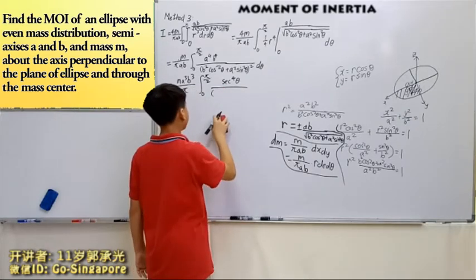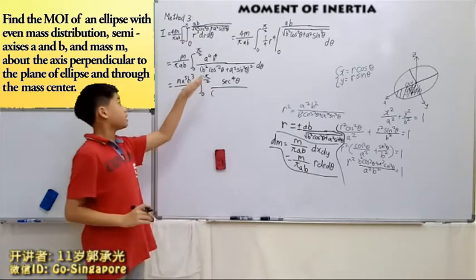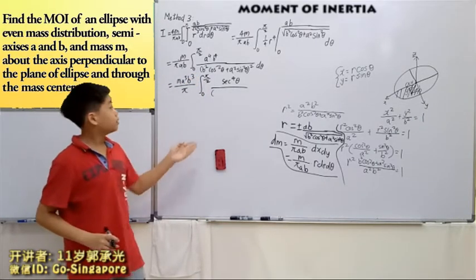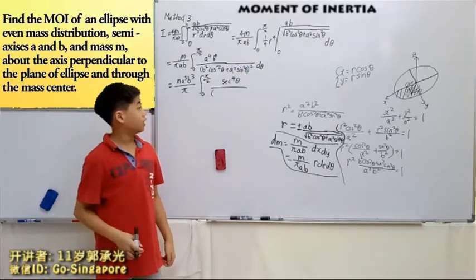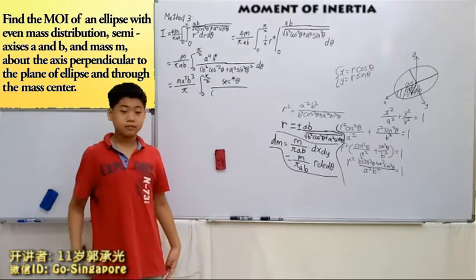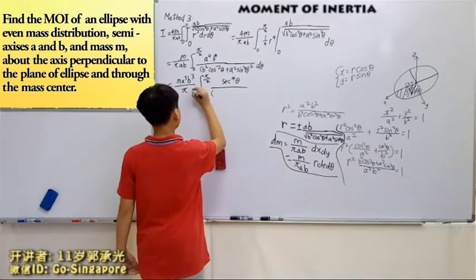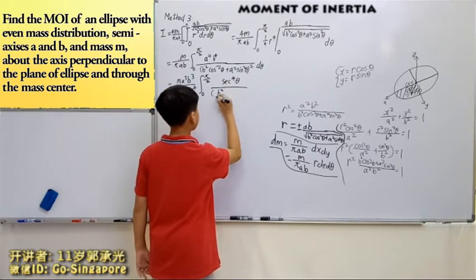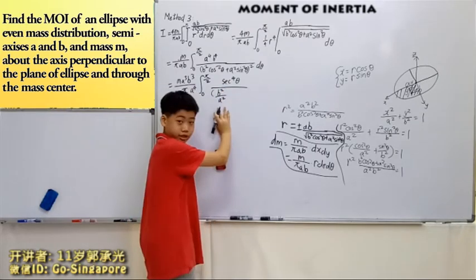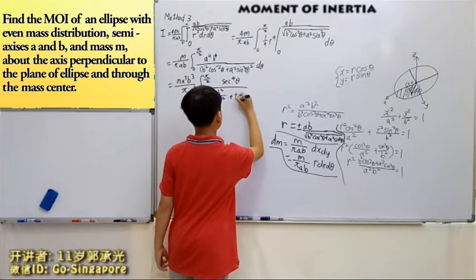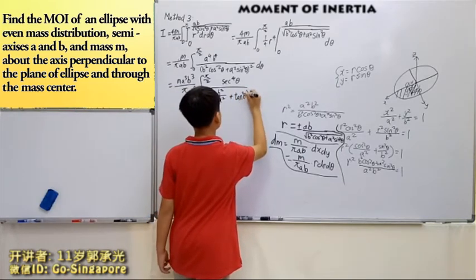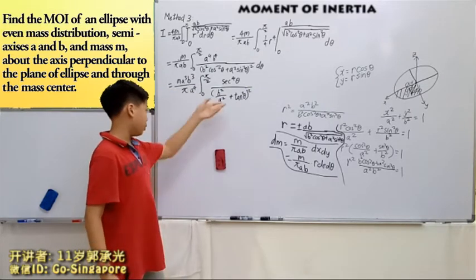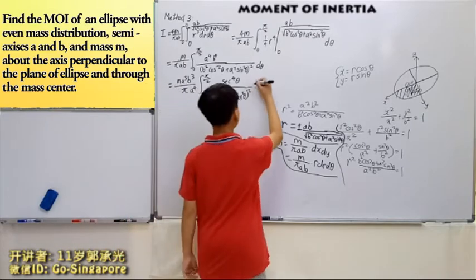I just want to take this out. Taking out a b square, perhaps. Or wait, but then behind there will become a tangent. Maybe let's take out a square instead. So this part is left with b square over a square. This looks simple. Then tangent square. Now this also looks simple, so that later you won't have all the things in one place.